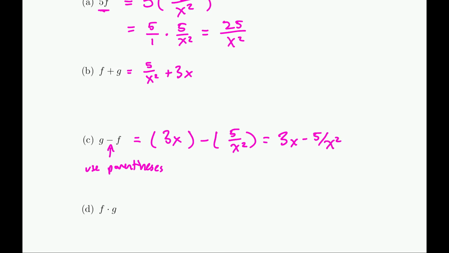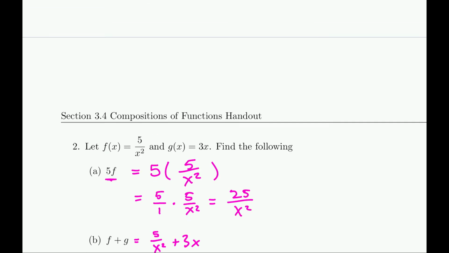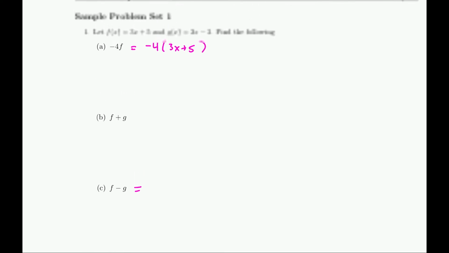Now, the parentheses will be important when you've got multiple terms inside the parentheses, due to the f or the g being multiple terms. So if I come here, for example, this one we have f minus g. Here the f was 3x plus 5 and the g is 2x minus 3.